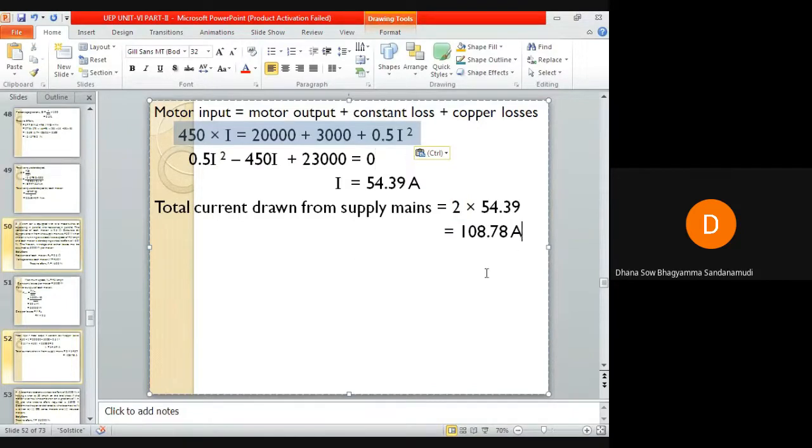You just solve on your own. Check whether you are getting the same current value or not. Of course, after the decimal point, depending on the number of digits you have set in your calculator, this value may vary. You may get 54.37, 38, or 39, or some of you may even get 54.4.